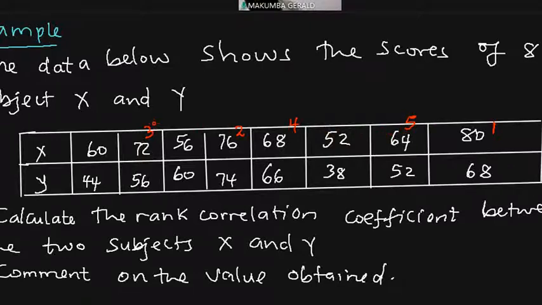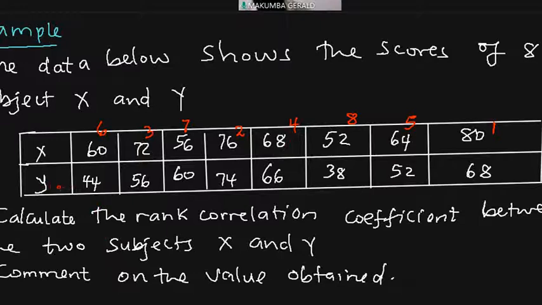Number 6 is this 60 here. Number 7 is 56. And then when you scan through, 52 becomes number 8, the last one in our rank. So we are ranking them according to their level of magnitude, the bigger one having rank number 1. In other words, it is the most important.